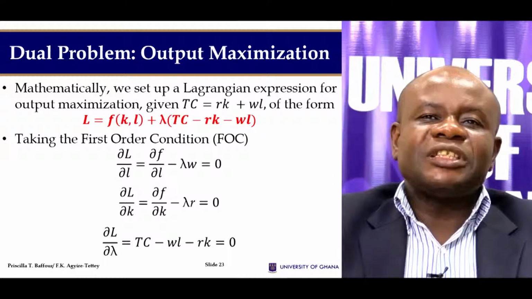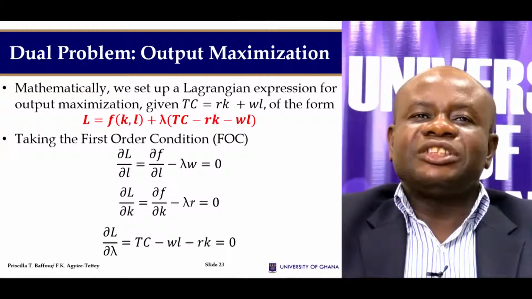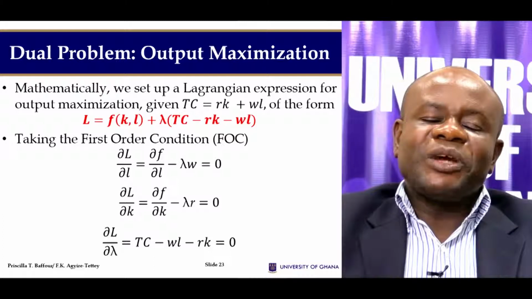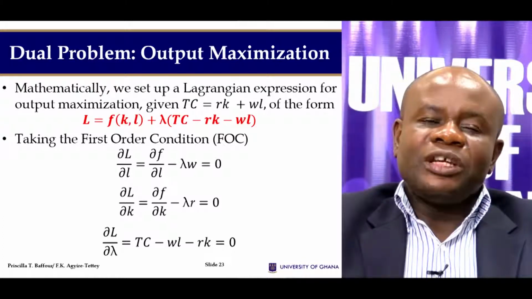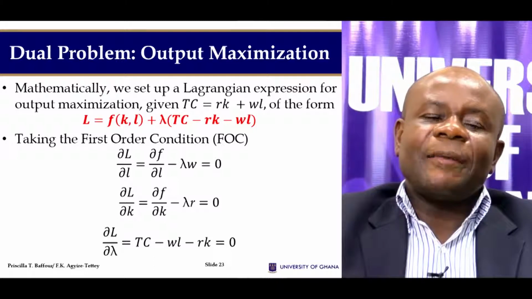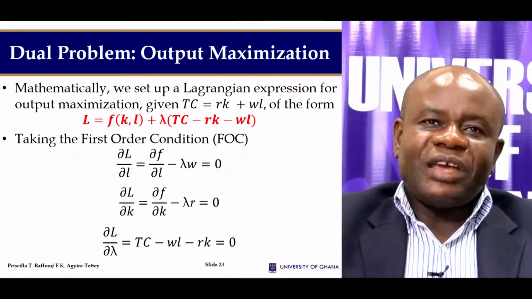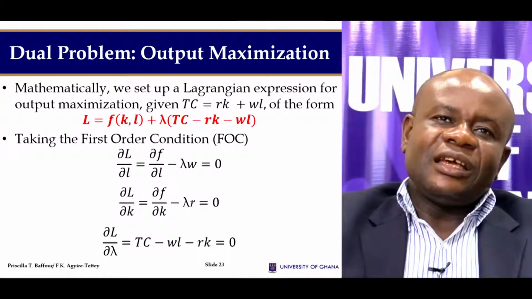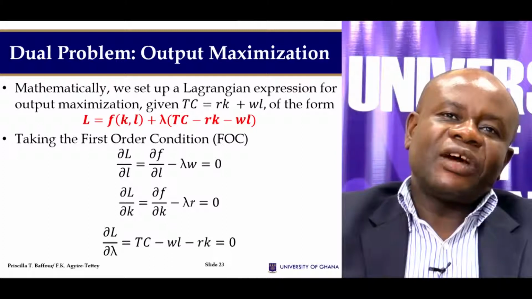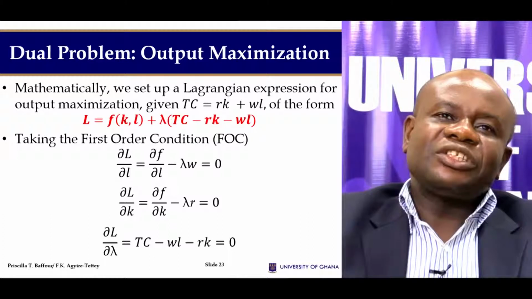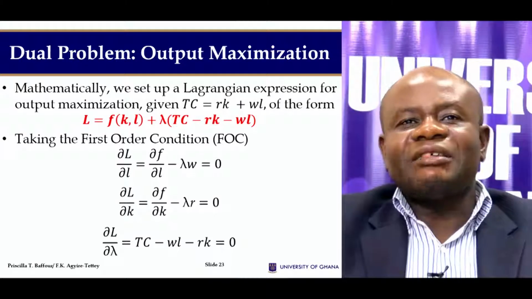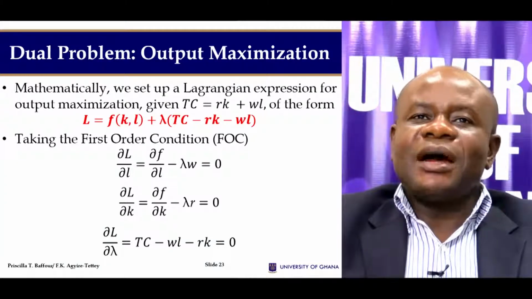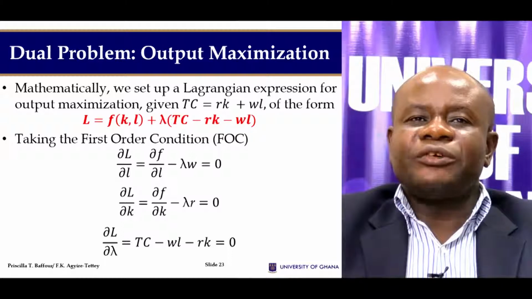Again, we go through the same procedure and we take the first order condition with respect to the two inputs that are used in production, that's labor and capital. In the first equation, we take the first order condition of the Lagrangian function with respect to labor, and that gives us F_L minus lambda W, which is equal to 0.